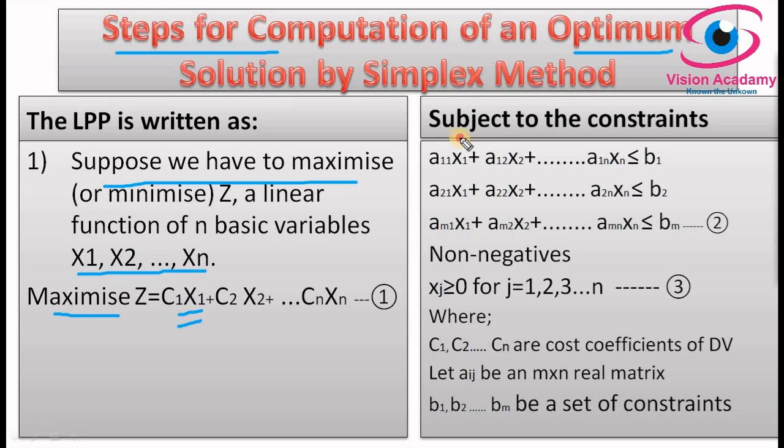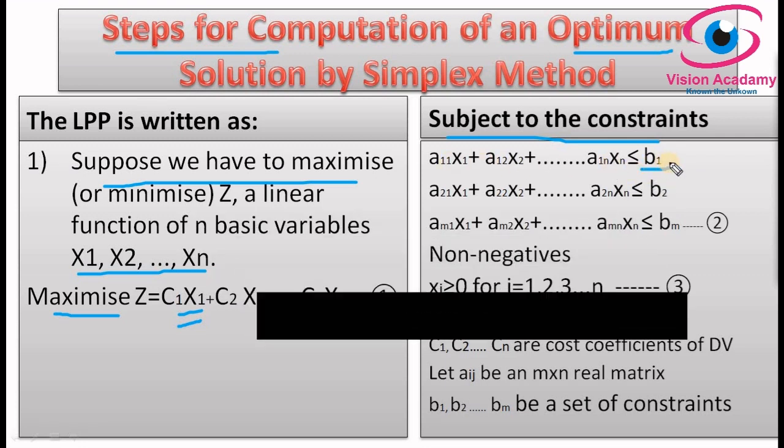If you come to the other side, subject to constraints, this is how we treat the constraints in the simplex table while making the mathematical formulation. We derive this from the constraints: a11 and x1. x1 is, as you know already, a decision variable, and a11 is the coefficient of the respective decision variable. So a11 x1 plus a12 x2, and it goes on up to a1n xn, less than or equal to b1. b1 is simply the limit of the constraint.